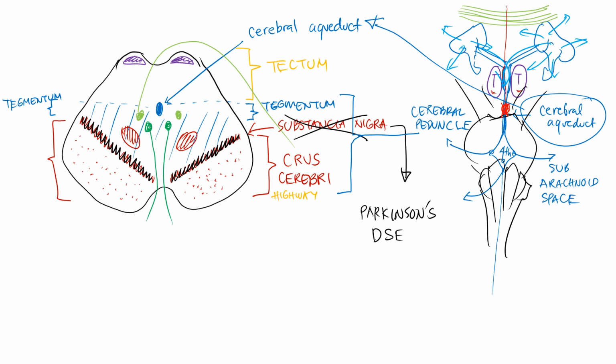And then you have your other tracts there. Anyway, we'll discuss those tracts when we go to the spinal cord. So just remember, very important nuclei would be your cranial nerve 3, cranial nerve 4, and the substantia nigra is very important.